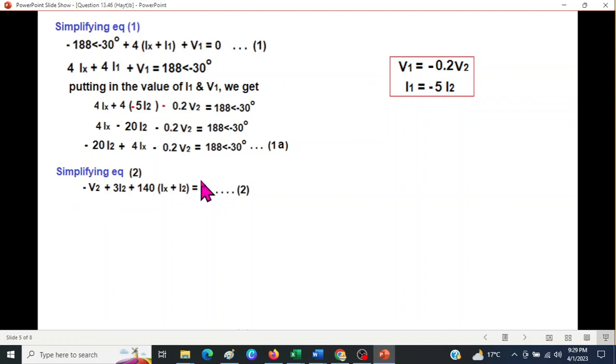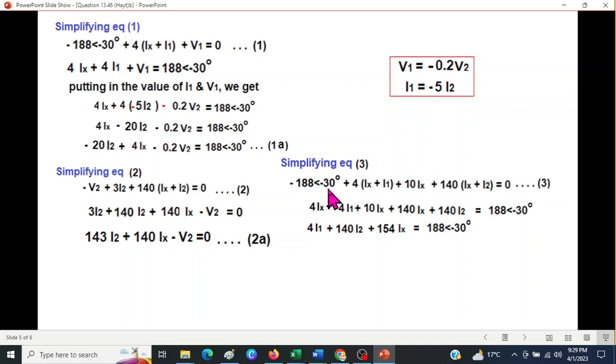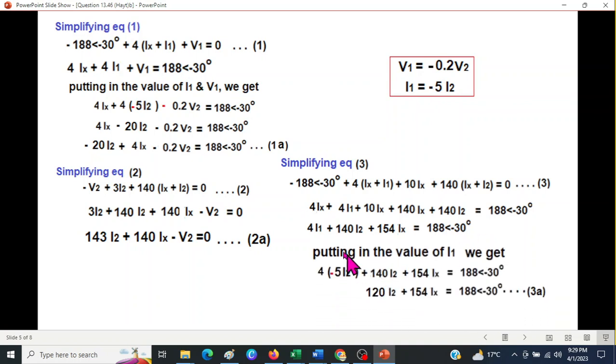Similarly, here we don't have I1 or V1, so there is no need for replacing, we'll just rearrange. This is the final shape. And the third equation was this. Here we have I1, so we again open all the terms, rearrange, and then replace I1. Solving again, we get the last equation, 3a.